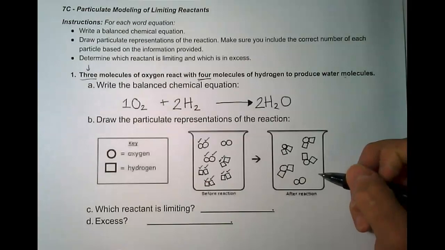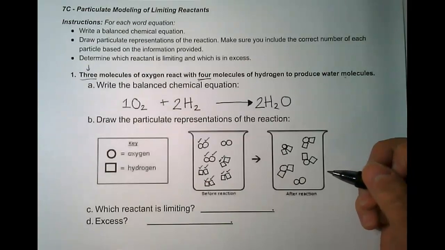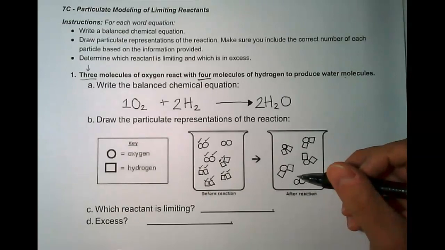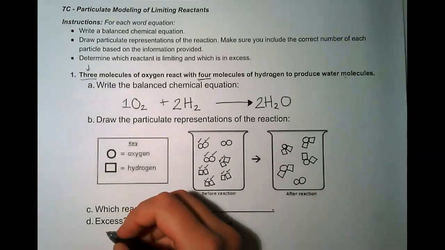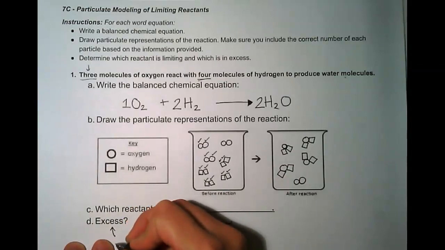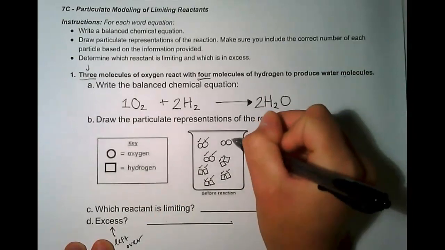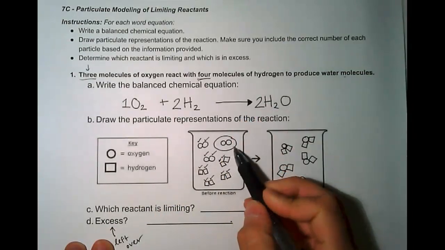So now, once I have this picture, I can look at it to determine what reactant is limiting and which one is available in excess. And to me, it's actually easier to first think about which reactant is available in excess. So excess means that it's left over. You have leftover reactant. And so here I can see clearly that I have leftover oxygen.